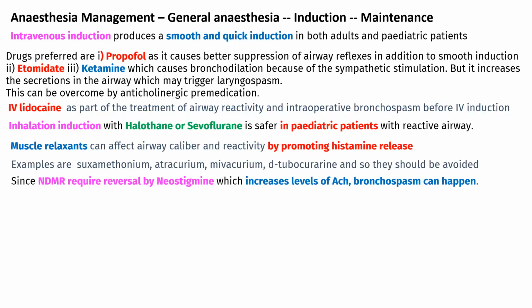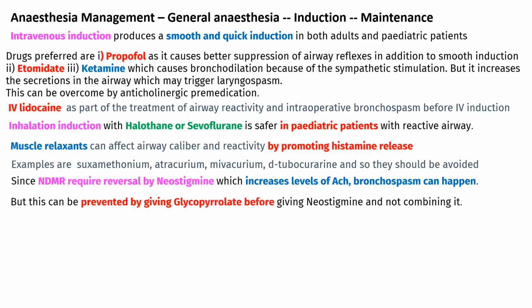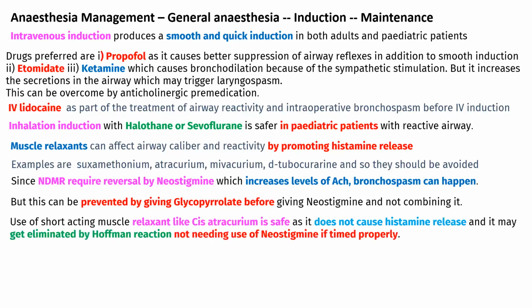Neostigmine will increase the level of acetylcholine and bronchospasm can happen, but this can be prevented by giving glycopyrrolate separately before neostigmine, not combining them. And the use of short-acting relaxants like cisatracurium is safe as it does not cause histamine release, and if you wait for sufficient time, the drug will get automatically eliminated by its half-life. So you can avoid even using neostigmine if you time it properly.